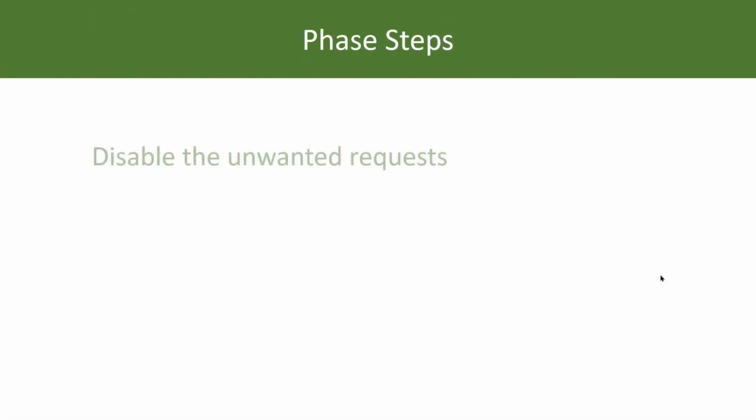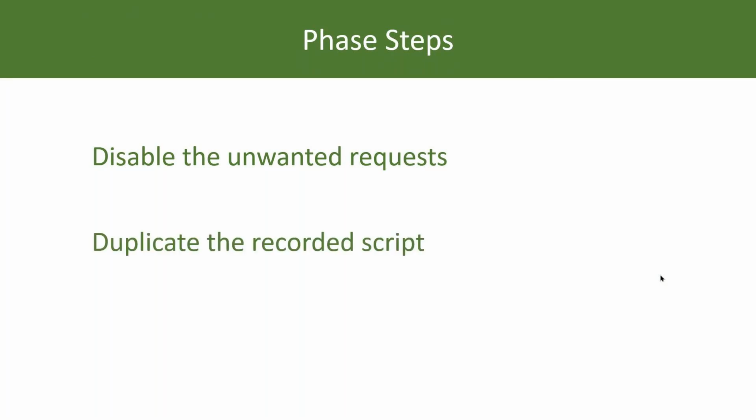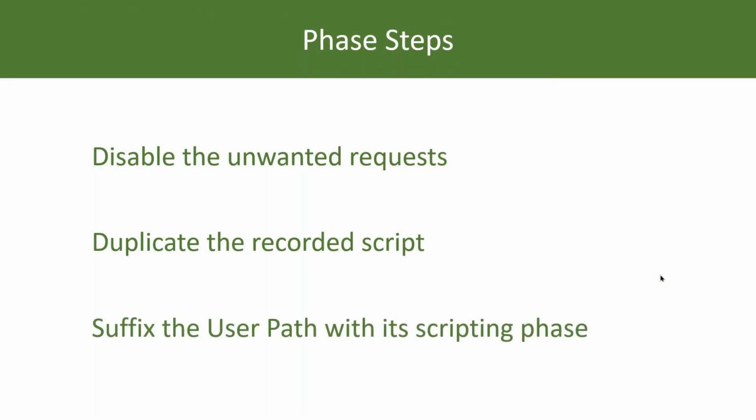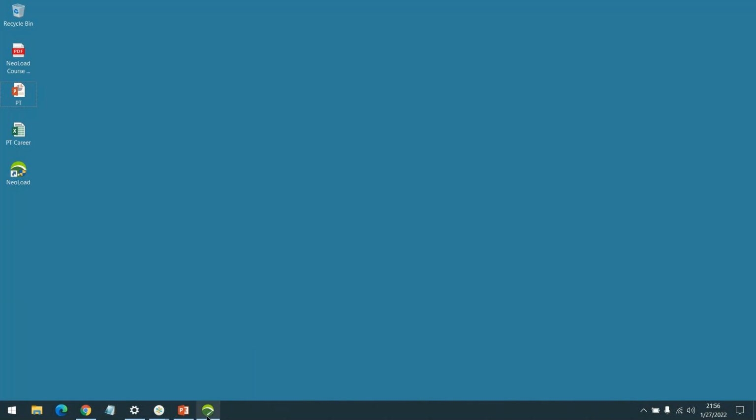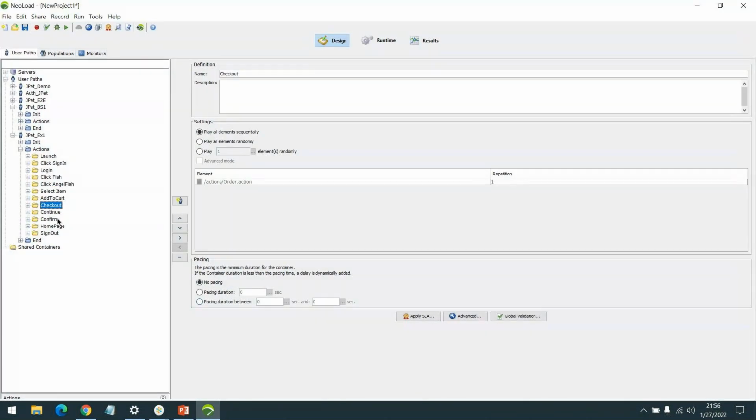So what do we do? Phase steps. First, we have to disable all the unwanted requests from the baseline. Then you have to duplicate that recorded script. Then we suffix the user path with its scripting phase, so that we clearly identify which phase we are in and how we can make progress.